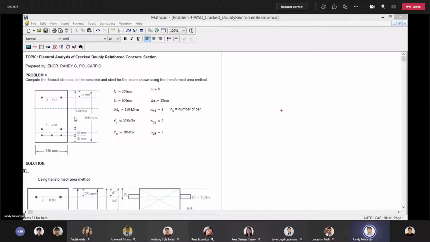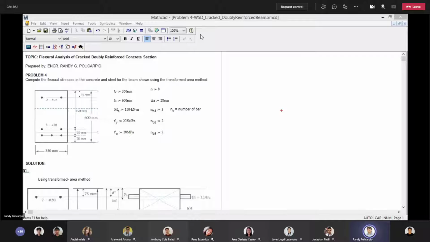Mag-analyze lang tayo kasi it's no longer allowed by the code na magdi-design tayo ng building using the WSD method. We will only use the concept, the principle of WSD when we check for what? Serviceability requirement.